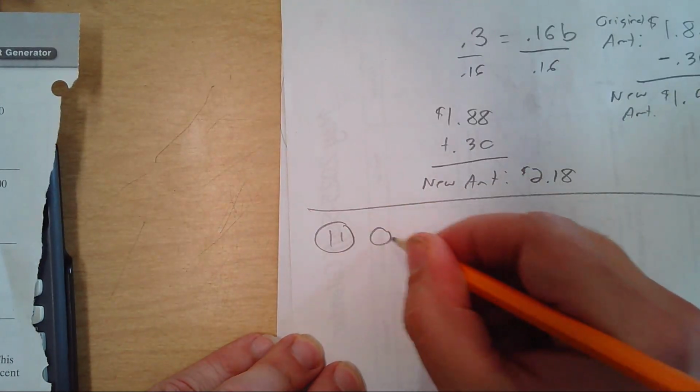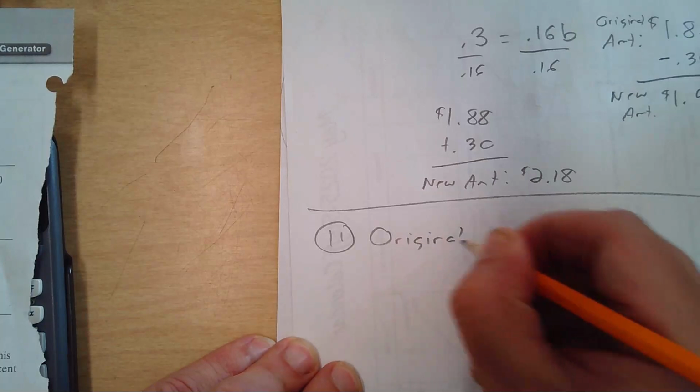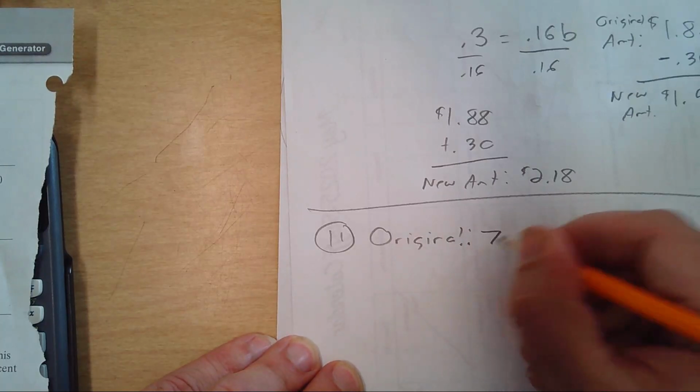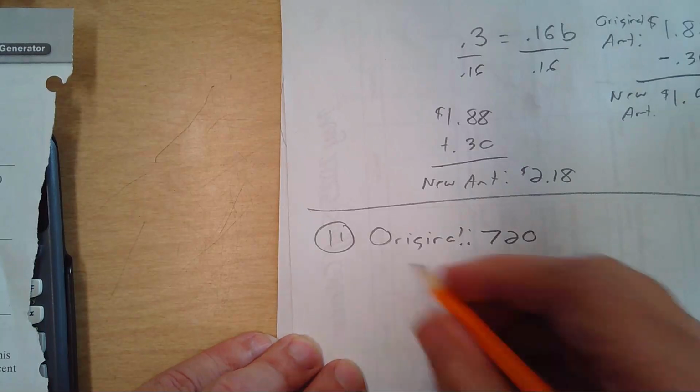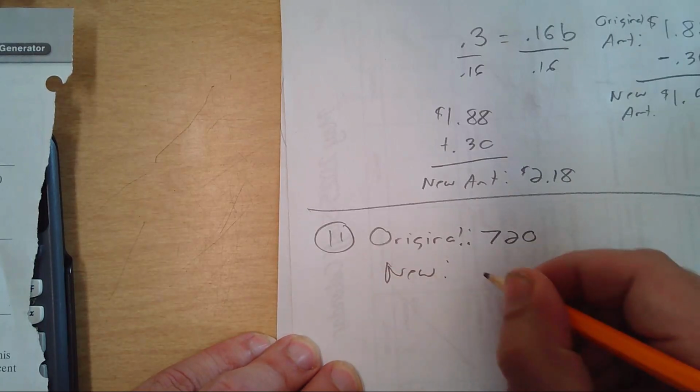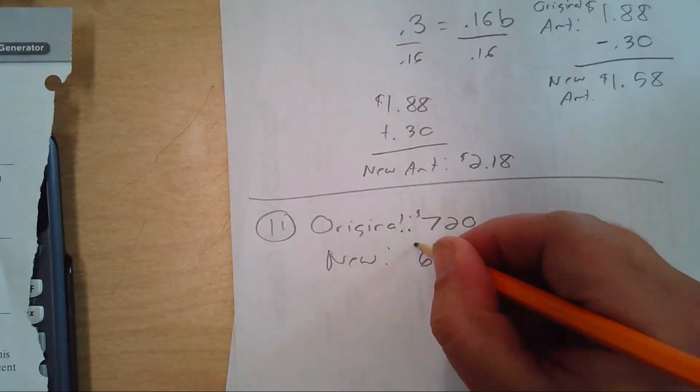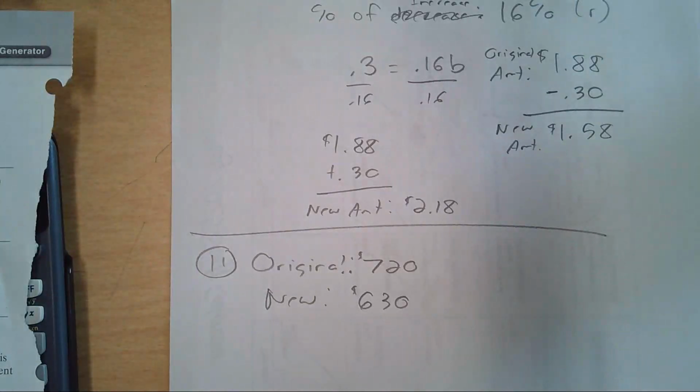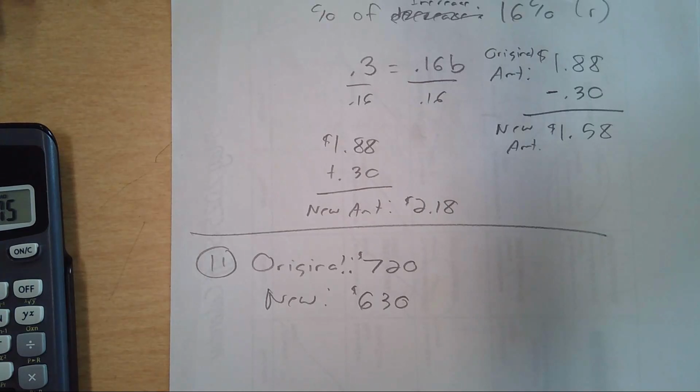It says the original was, and think money if you want. I mean, you can pretend it's $720, and then your new is $630 if you just want to throw a money sign in front of it. Sometimes it's easier to just kind of understand it if you think money. Okay, so it was originally $720, now it's $630.